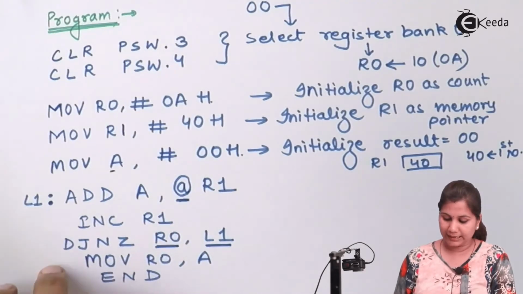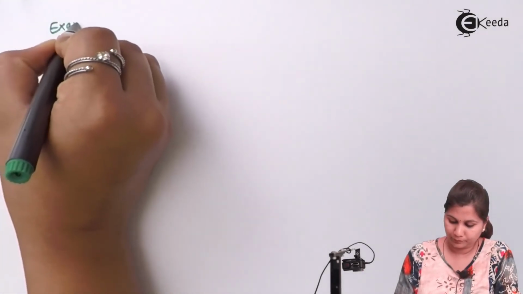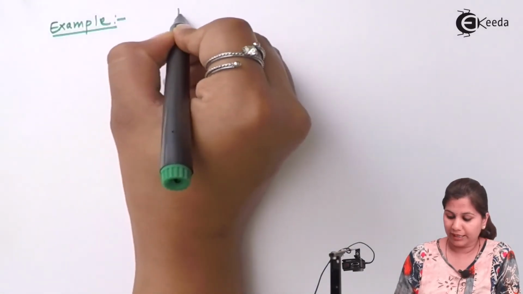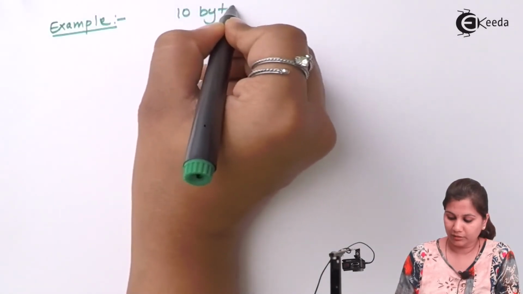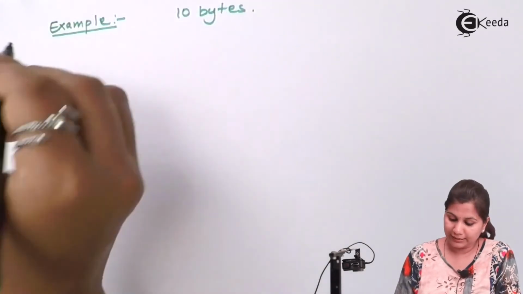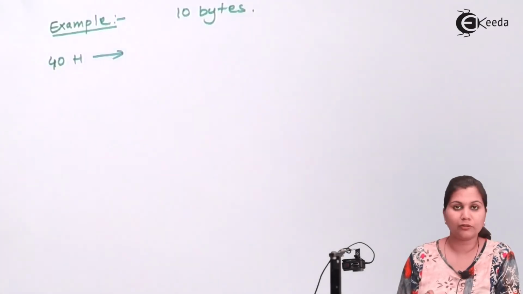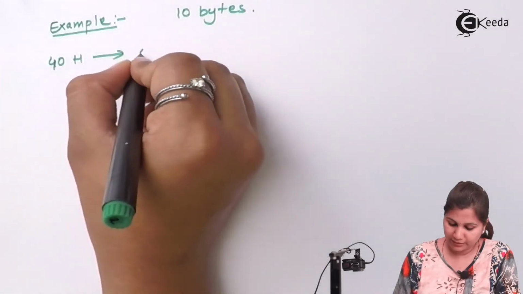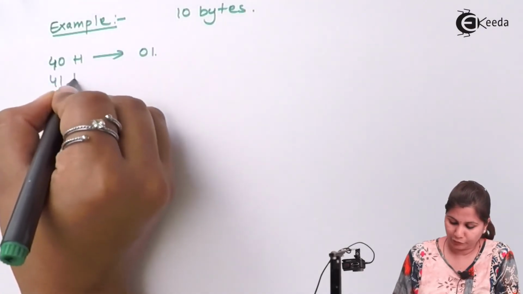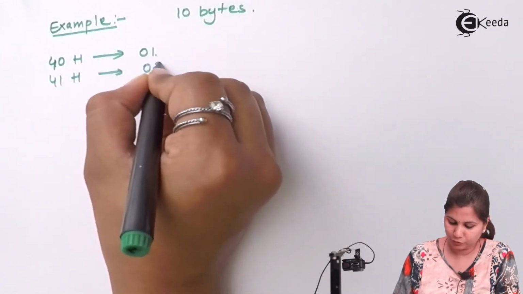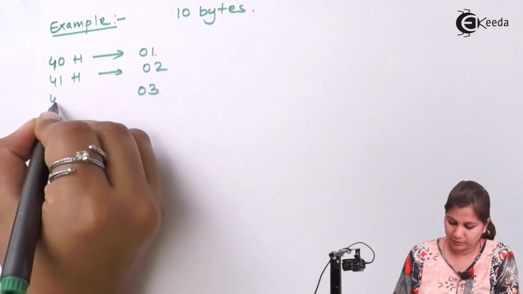Now let's take an example. We are having 10 bytes of data. So suppose that this block of data is starting from 40H memory location. Suppose the first number is 01. At 41, next number will be 02, 03.